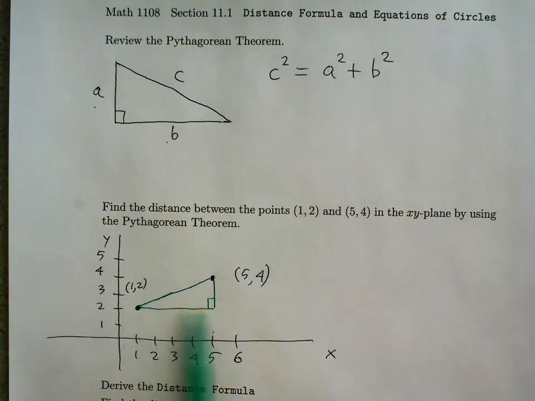The horizontal side corresponds to the x-axis, and so the x-coordinates go from 1 to 5. So the length of this horizontal side is 4.